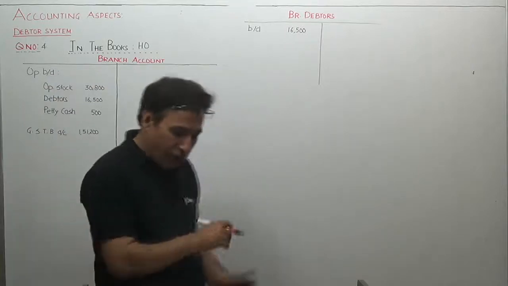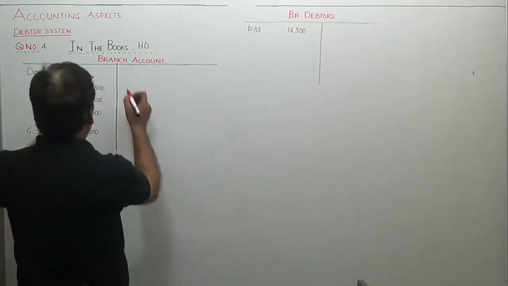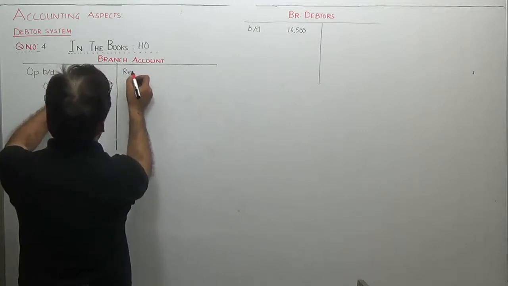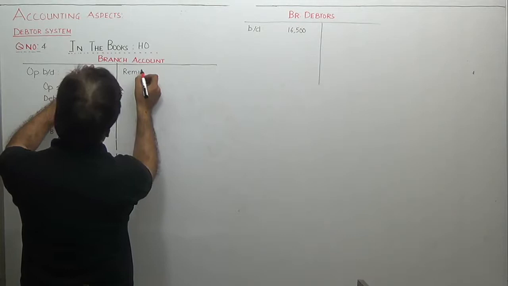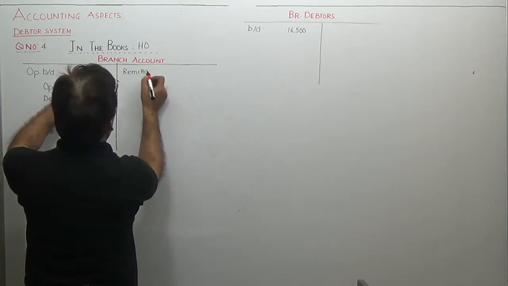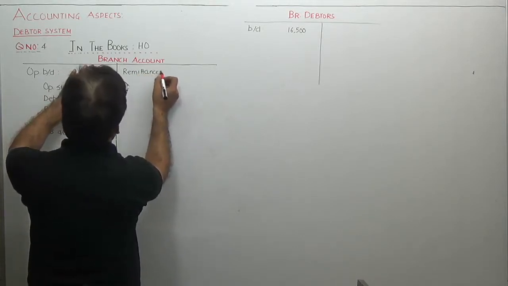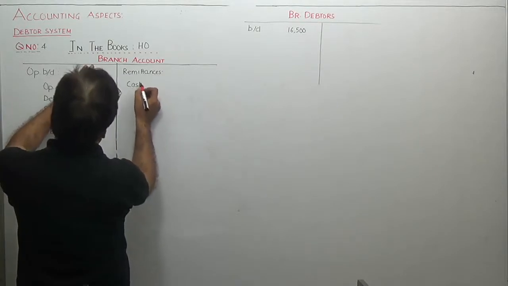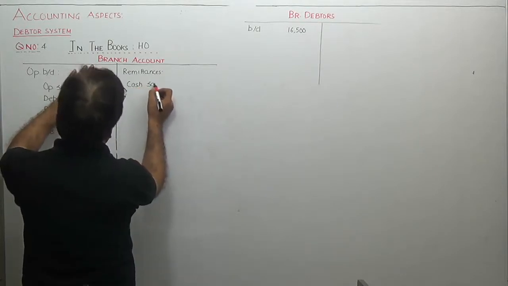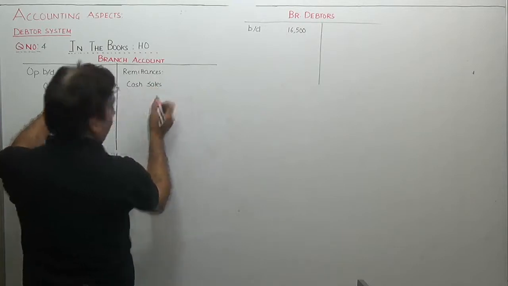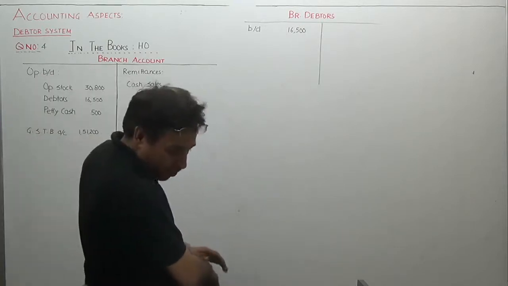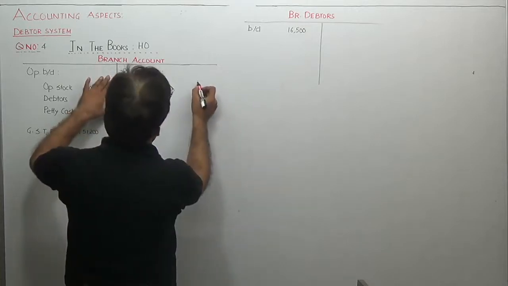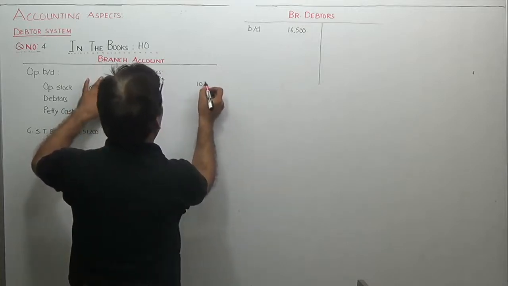Then remittances from branch are also available in this question. So you are going to write here by remittances. Remittances has got two facets. One is cash sales. The amount of cash sales given to you in this question is 10,500. So you can directly write in the outer column, no problem.